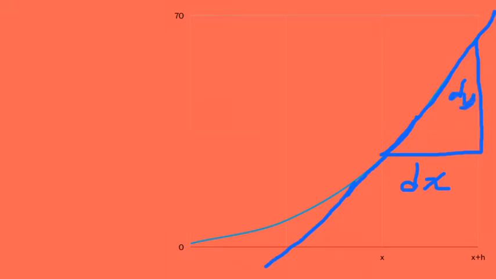I'm writing it inside for lack of space. Let me see if I can make that a bit more legible. Right? So this side is dy over this side is dx. Now the slope is dy by dx, where y is the function.